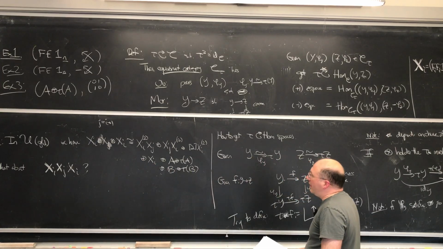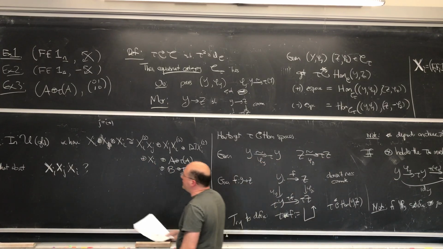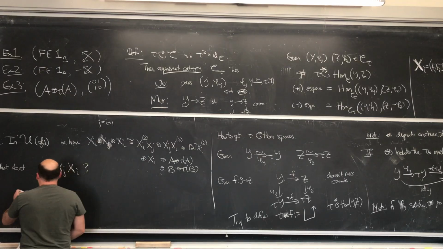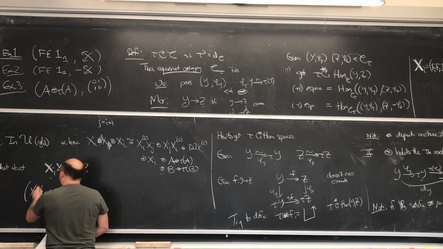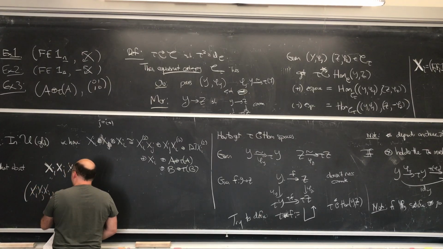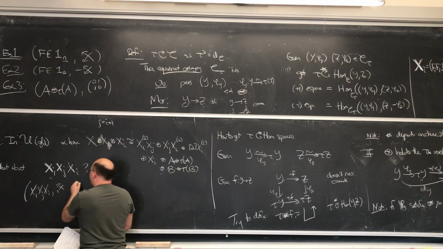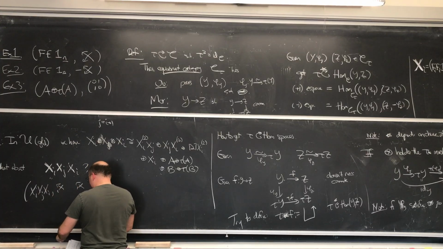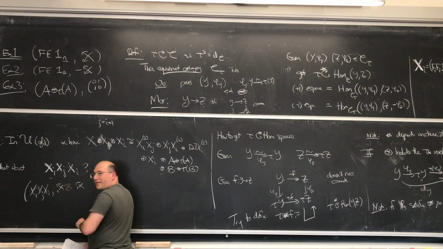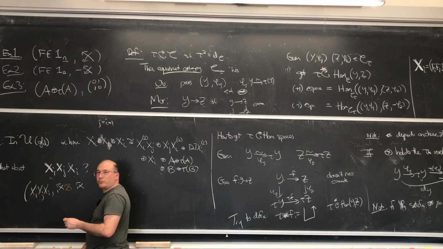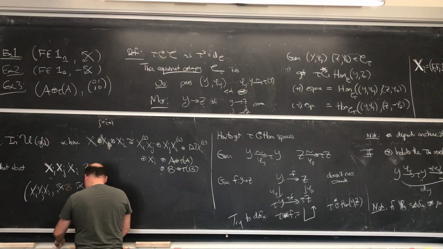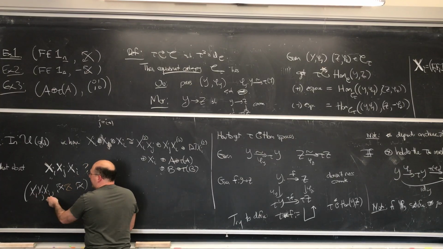Well, you can do the tensor: as an object it is X_i, X_j, X_i with the tensor product of the structures. So this is the isomorphism from this thing to tau of it.